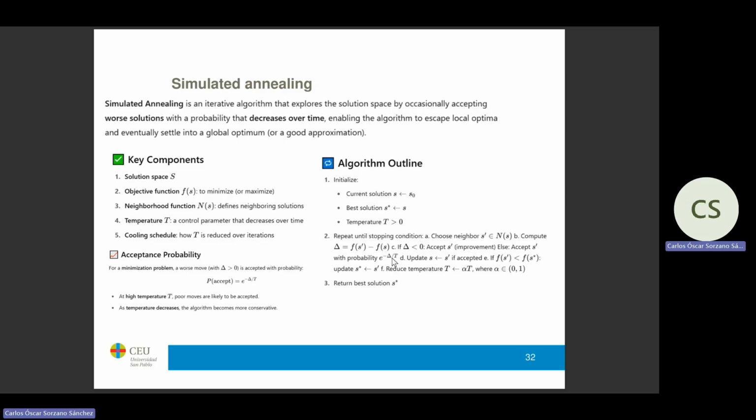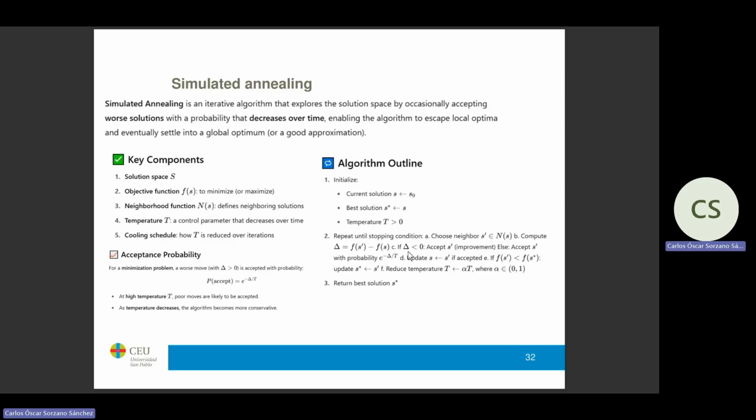Then it's likely that I take it, because this is very close to e to zero, and I will take it. But if the change is very large with respect to my temperature, then I will not take it, because this is e to the -5, e to the -10, and the likelihood of accepting S prime is very low.